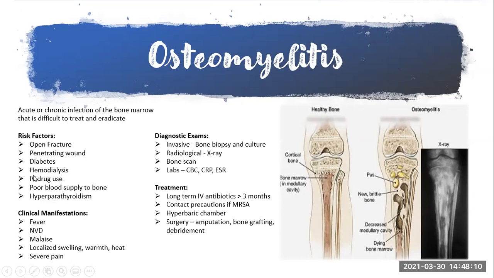It's very easy to get all kinds of infections. And then anything that's going to lead to poor blood supply, avascular necrosis, which is a common complication of sickle cell disease. And again, hyperparathyroidism, which is going to cause disturbances in calcium and phosphorus again.